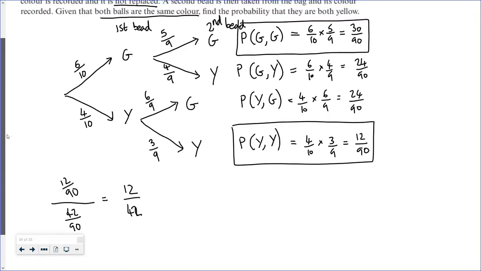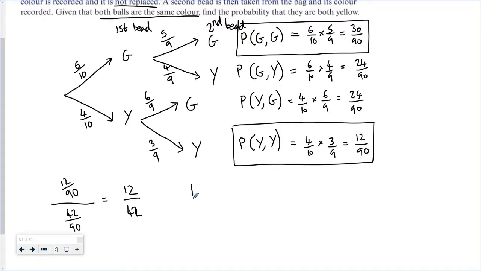Now we could use the formula for conditional probability. If we did that, it's going to get a little bit complicated, but let's have a look at it. So we want the probability that both are yellow given that both are the same colour.